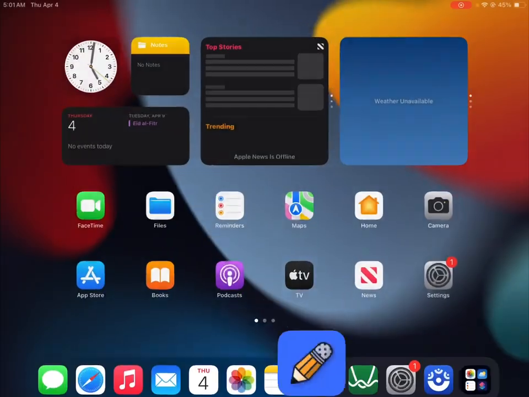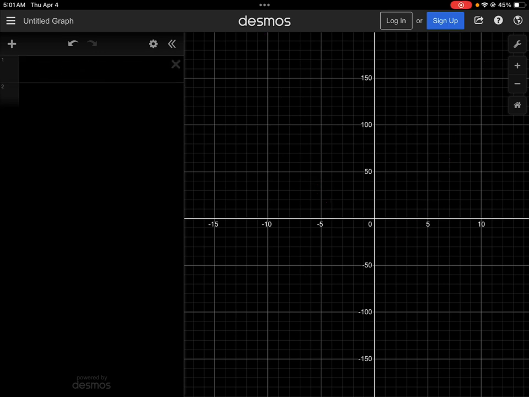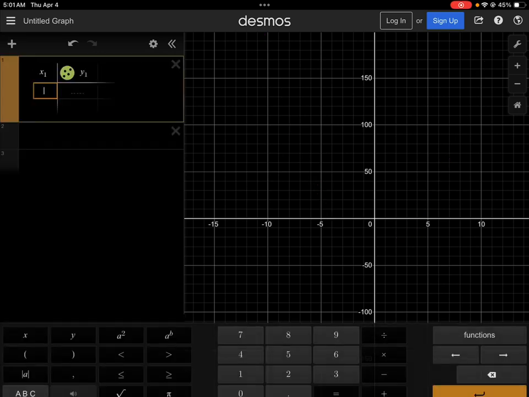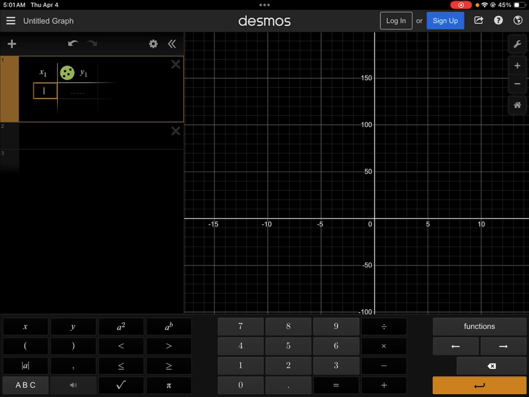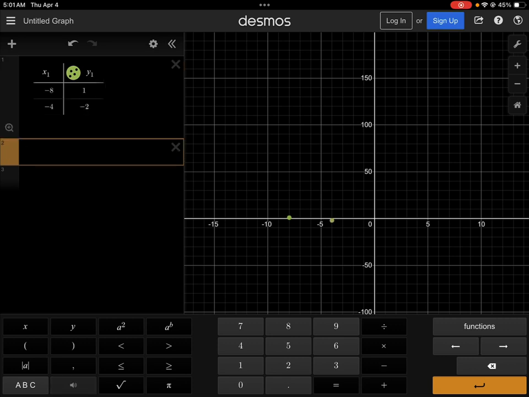All right, let's do this. How am I gonna do that? I will first of all hit the plus sign, table. Let's put the first table, and that's -8 goes with 1, and then I have -4 going with -2. All right, what's the equation? I'm going to let the graphing calculator figure it out.